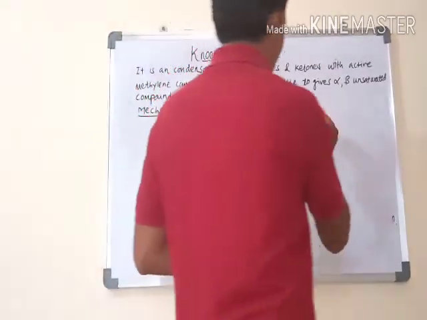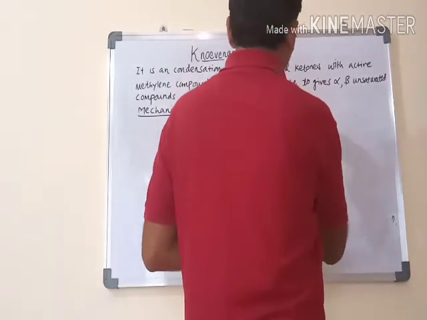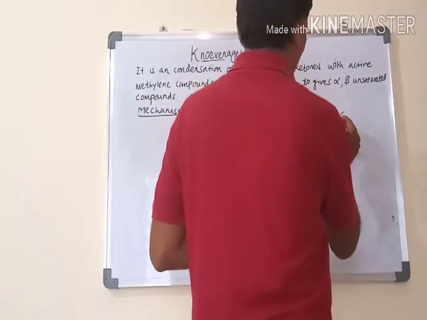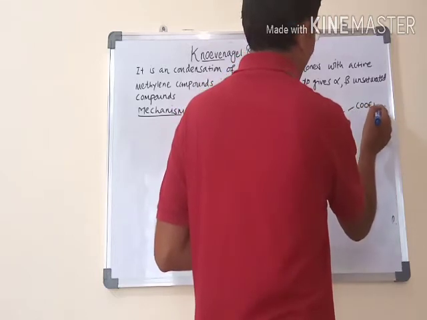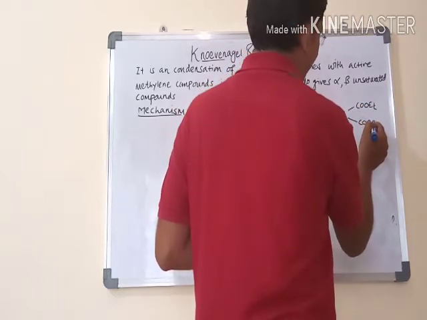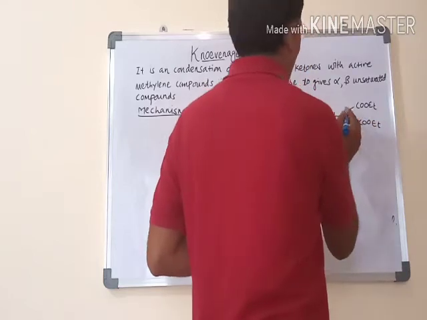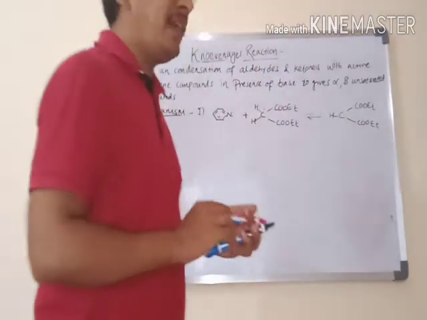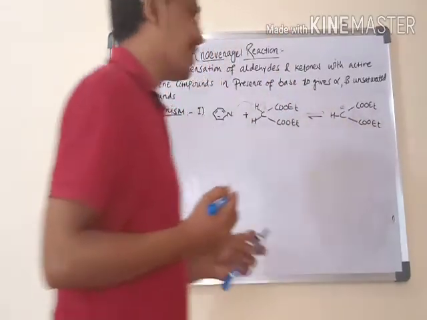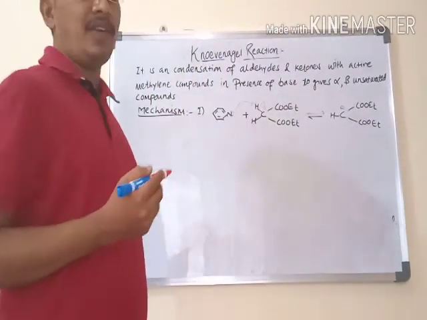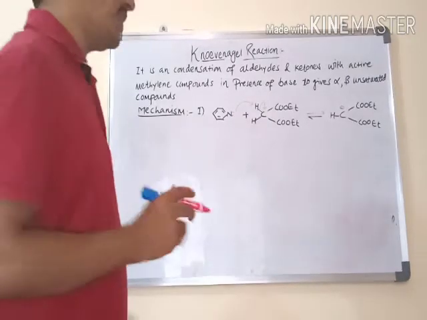Then we get CH(COOEt)2 after loss of one hydrogen. This carbon carries a negative charge, since it is stabilized by the withdrawing groups. It is strongly acidic.